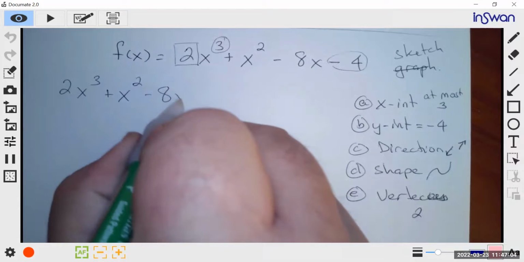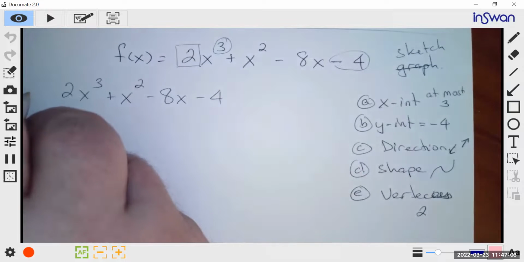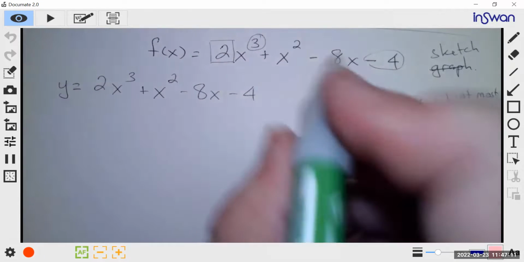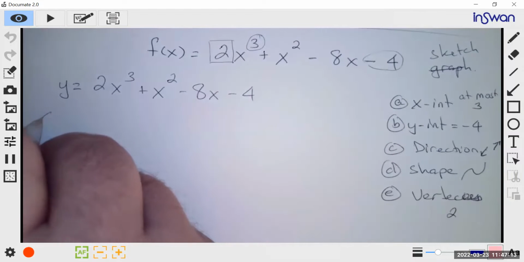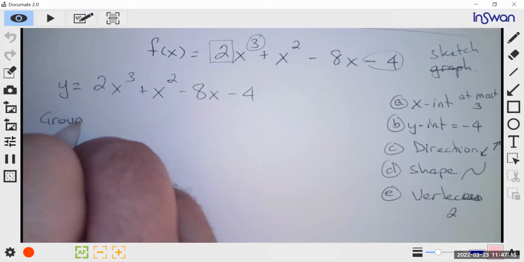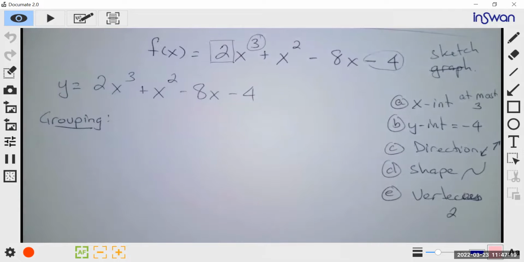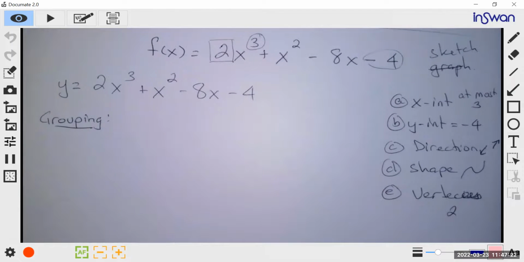So the first method I'm going to show you all is a method called grouping. You have 4 terms.